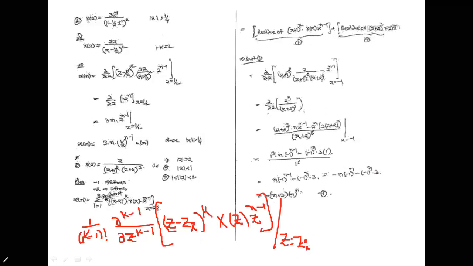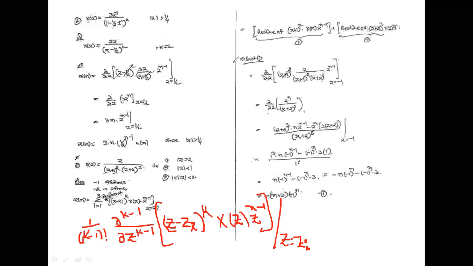Using this relation, we find the residue for the given x of z to find x of n. So as we have minus 1 two times and minus 2 three times, we get 2 residues, with z plus 1 whole square and z plus 2 whole cube.